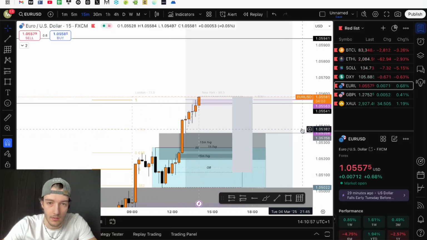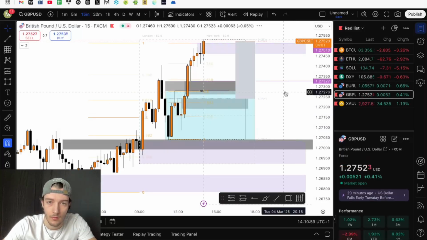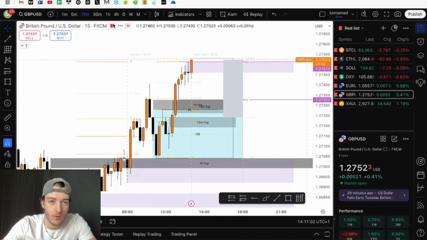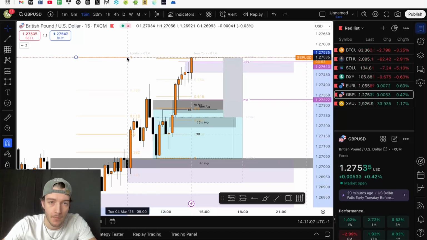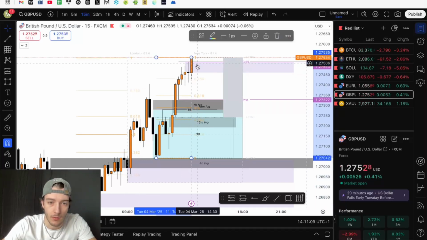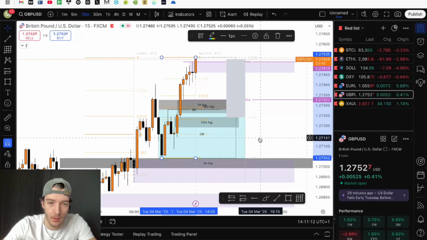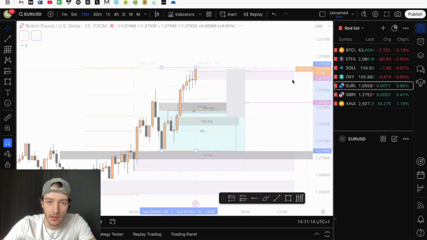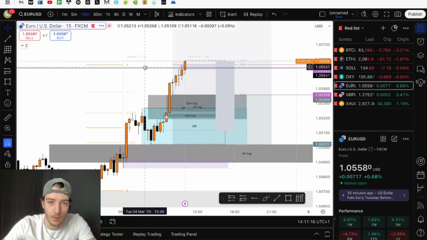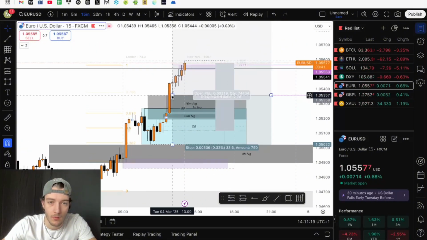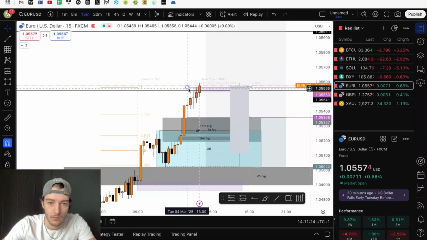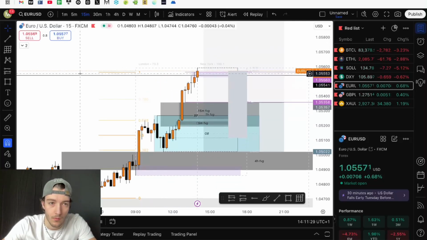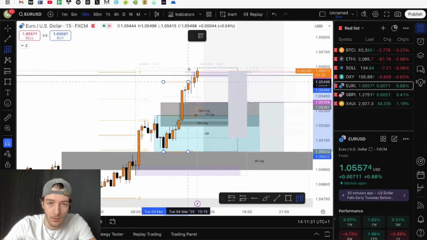So yes, I'm gonna actively move these equilibrium levels up with the price moving. I'm also gonna mark out this equilibrium level here.